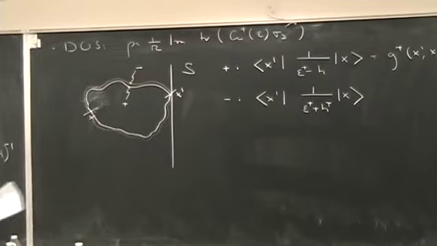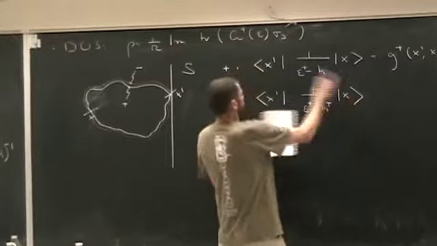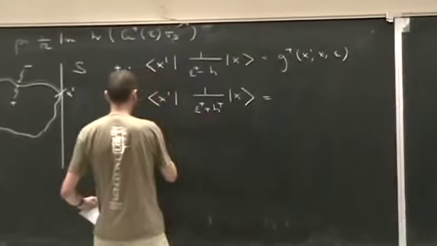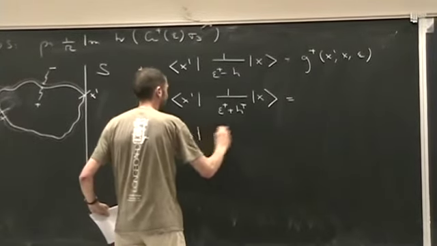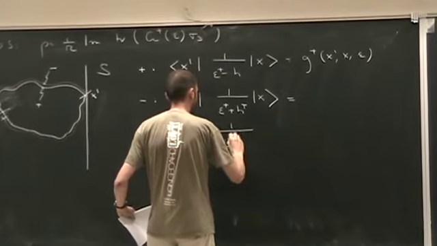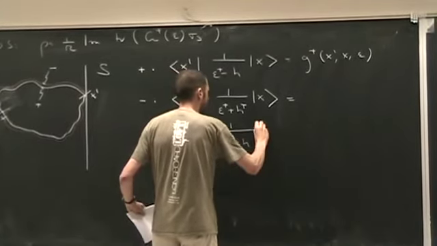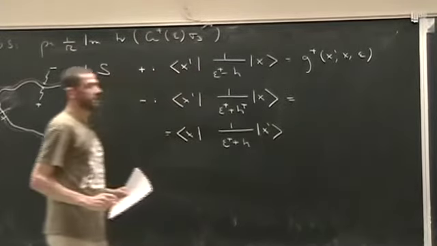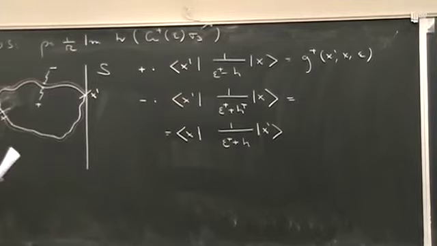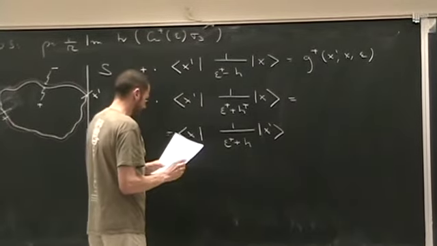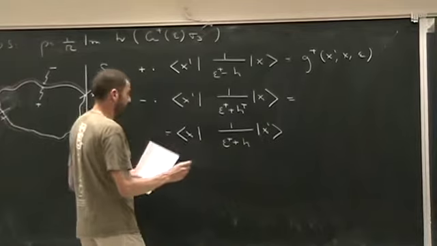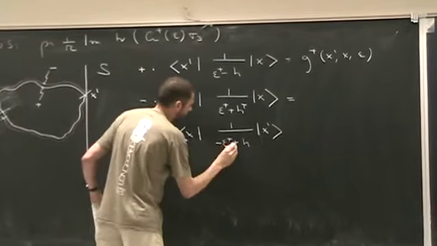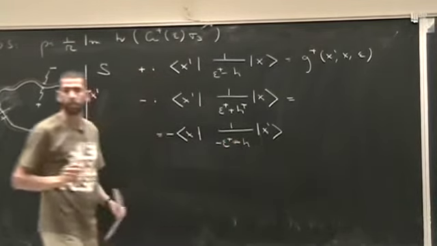Okay. So now let's massage this a little bit. We can exchange the indices and undo the transposition. So that is equal to x, 1 over epsilon plus h, x prime. And we can also pull out the minus sign, so we have minus, epsilon plus minus h.